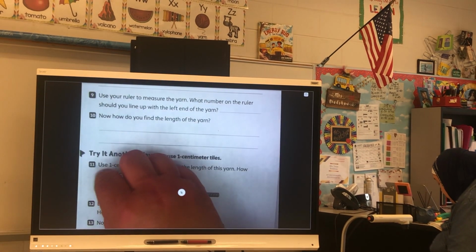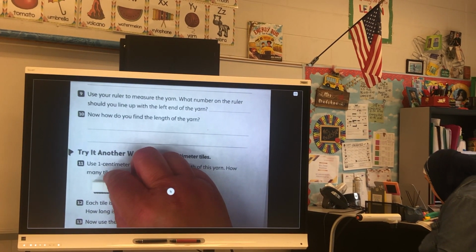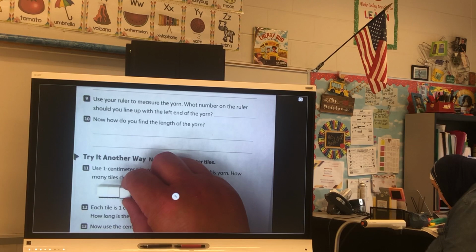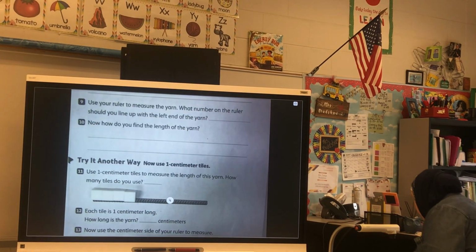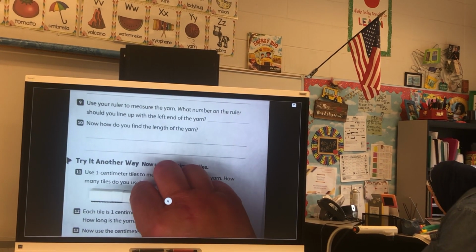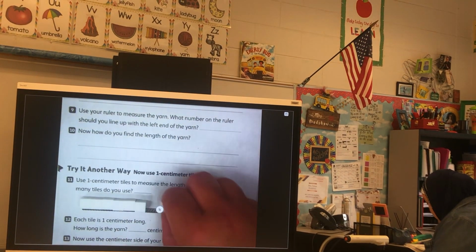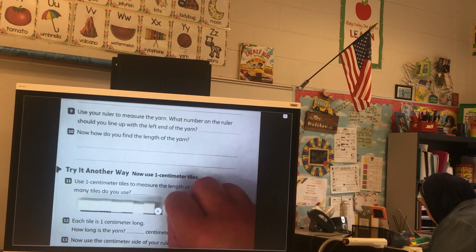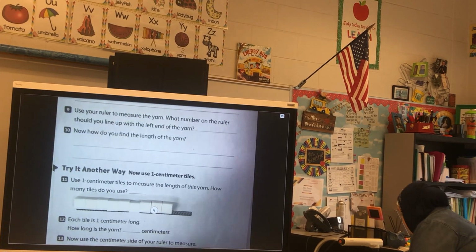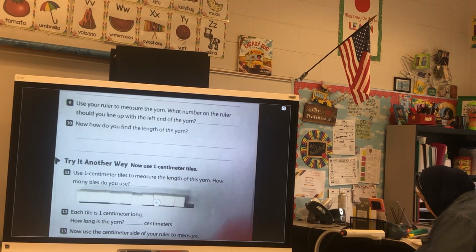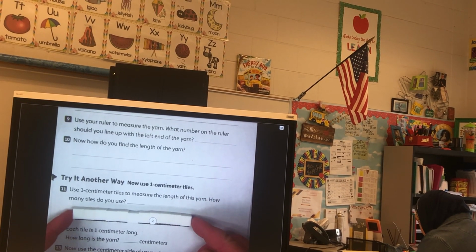We've got 1, 2, 3, 4, 5, 6, 7, 8, 9, 10, and 11. Okay? Always when you're doing this, take another look and make sure you press them like that.